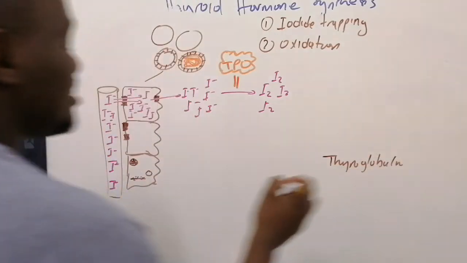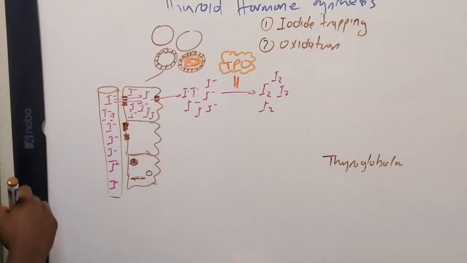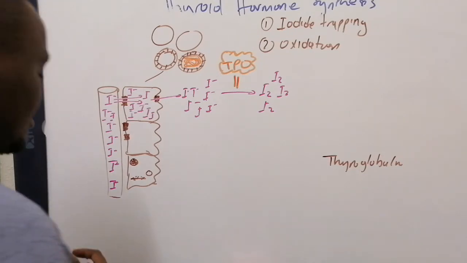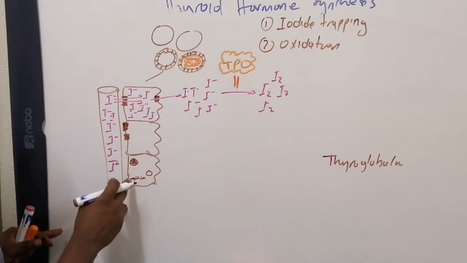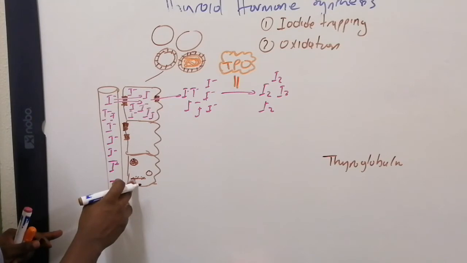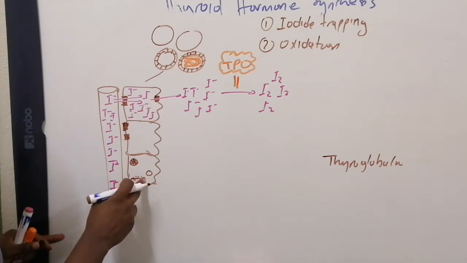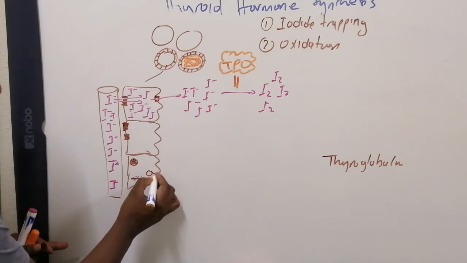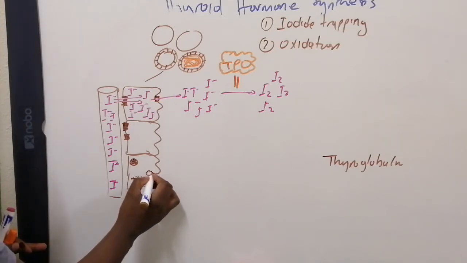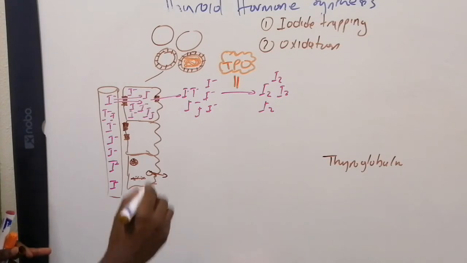This thyroglobulin protein is very important for the synthesis. It also plays a huge role in the synthesis of these hormones, right? This thyroglobulin protein is gonna be synthesized by the rough ER, then taken to the Golgi apparatus, packaged into vesicles, and exocytosis is gonna take place, releasing this thyroglobulin.